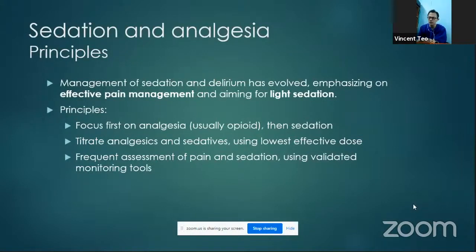So the general guideline used is based on the intensive care protocol used in our country, and of course, this is guided by international evidence and guidelines, and the latest would be the PADIS guideline in 2018.